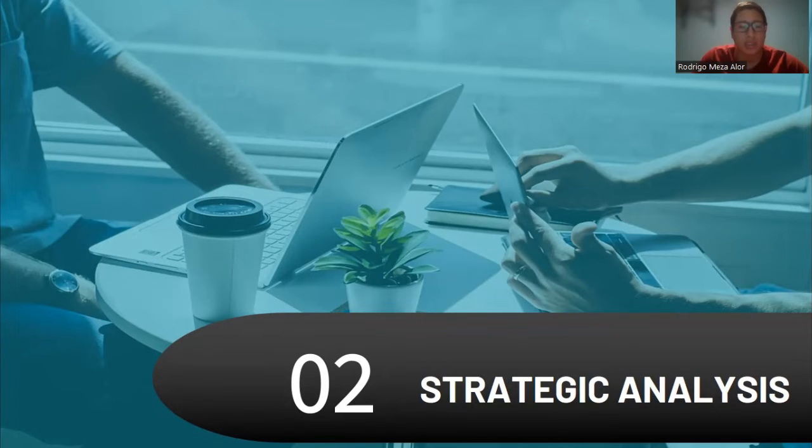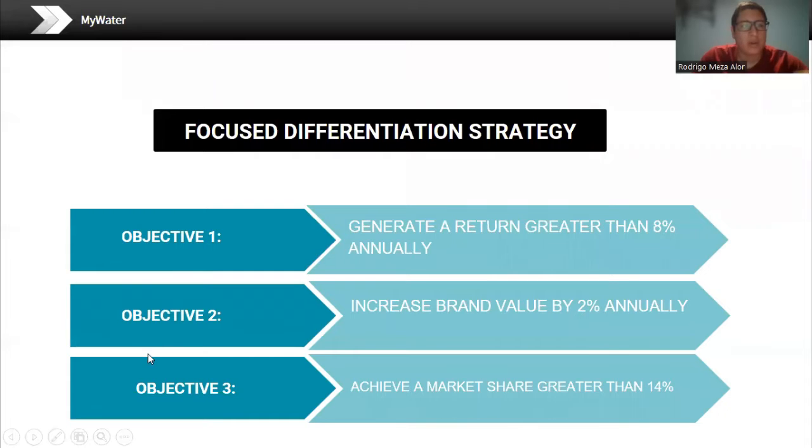The company strategy is focused on differentiation, with three objectives that are seen on the screen.